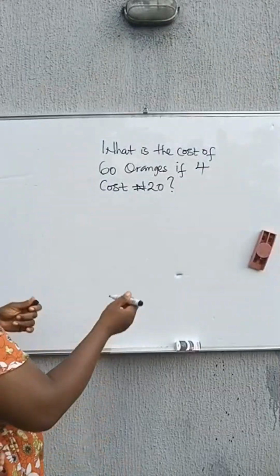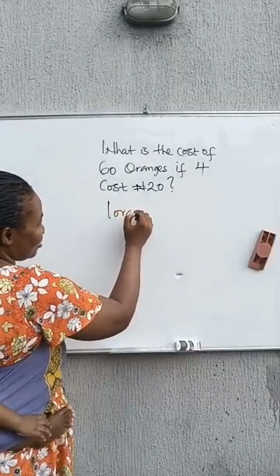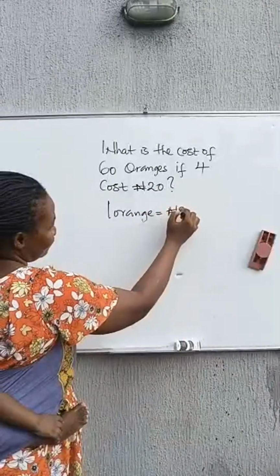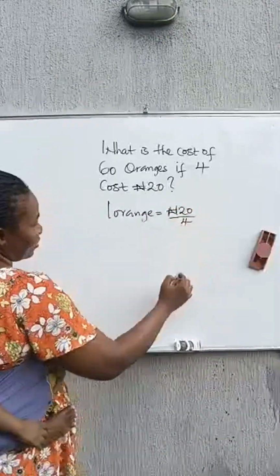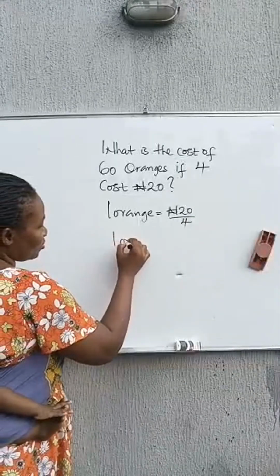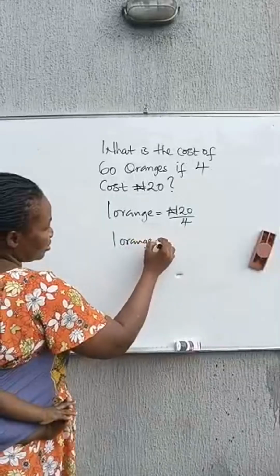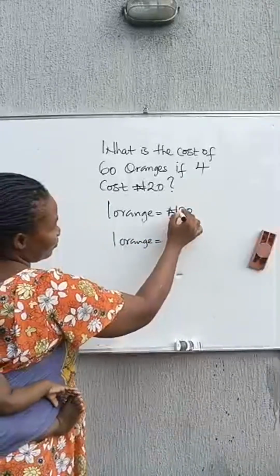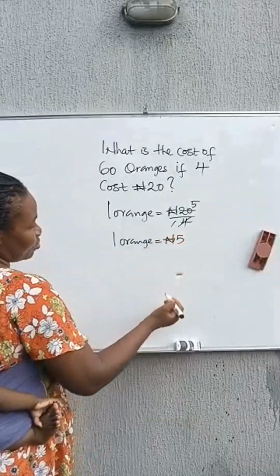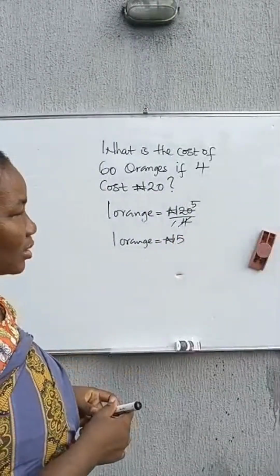To know the cost of one orange, we do 20 naira divided by 4 oranges. So one orange is equal to, 4 into 20 is 5. One orange is equal to 5 naira.